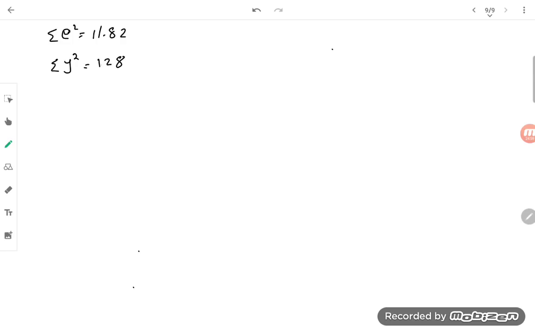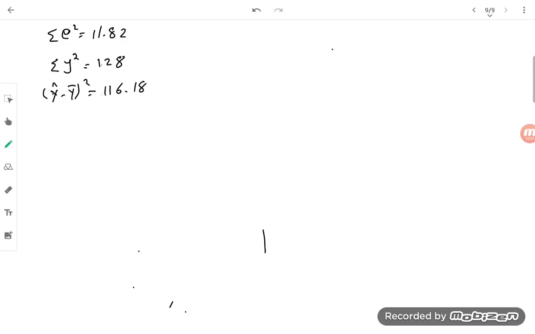And finally, summation of y hat minus y bar squared equals 116.18. So now we can use these data in order to calculate r squared.